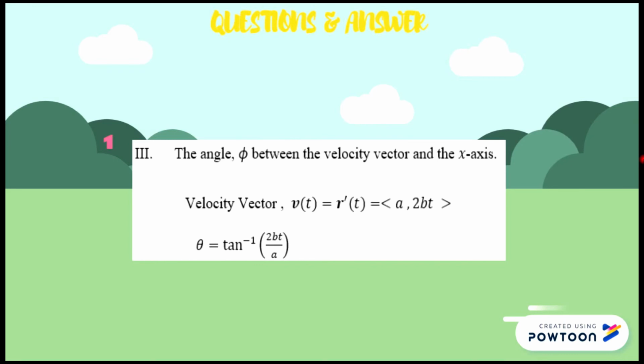If the values of a and b are given, we need to substitute the values into the equation. But in this question, we don't have the exact values for a and b, so we only write the general equation.